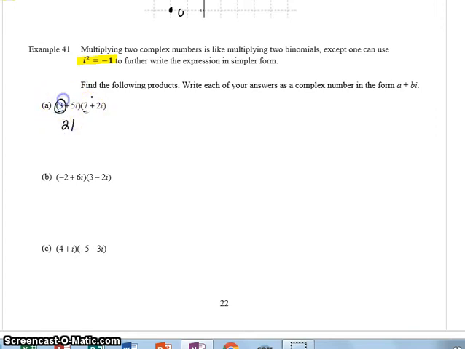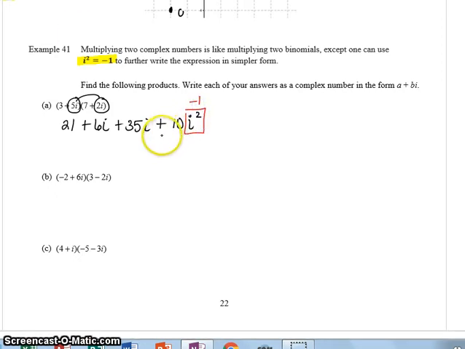My outer terms, I get plus 6i. My inner terms are 5i times 7, which would be plus 35i. Be careful with your last. The last is 5i times 2i. You're multiplying, so that's going to be 10i squared. But don't forget, i squared is really negative 1.